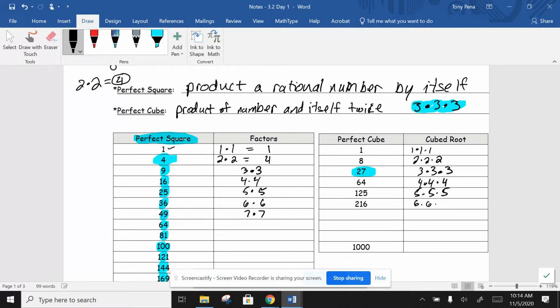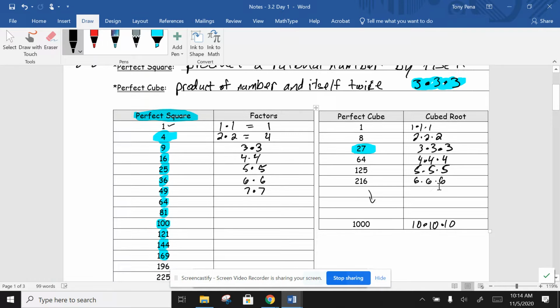And then 6 times 6 times 6 is 216. And the last one I probably would make you do, but we're not going to go bigger than this, it becomes pretty tricky, some pretty large numbers. 1,000 is the product of 10 times 10 times 10. So those are what we call perfect cubes. And you will need to know those pretty well, especially the square roots we're going to do a ton of.